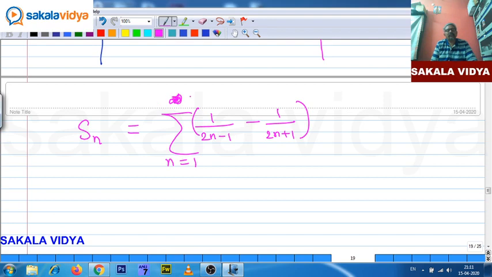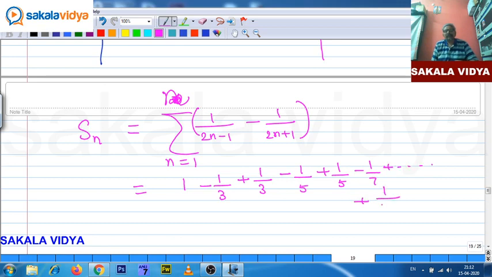First substitute 1: 1 minus 1 by 3, next substitute 2: 1 by 3 minus 1 by 5, next 3: 1 by 5 minus 1 by 7, and so on, plus 1 by 2n minus 1 minus 1 by 2n plus 1.